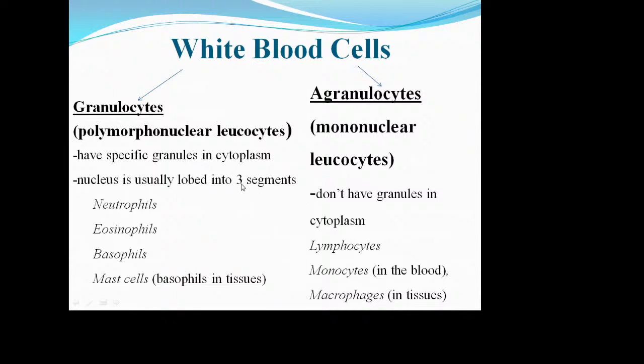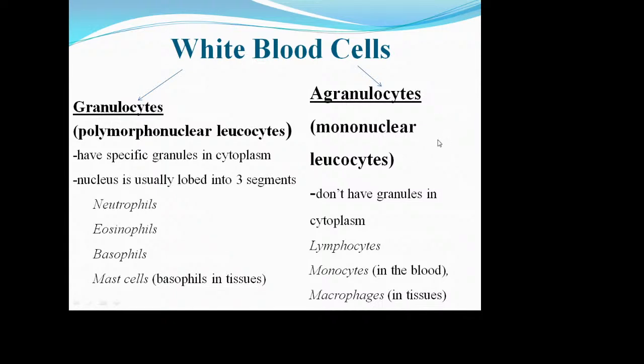That's why they are called polymorphonuclear. Granulocytes include such cells as neutrophils, eosinophils, basophils, and mast cells. Mast cells are similar to basophils, but they are present in tissues.